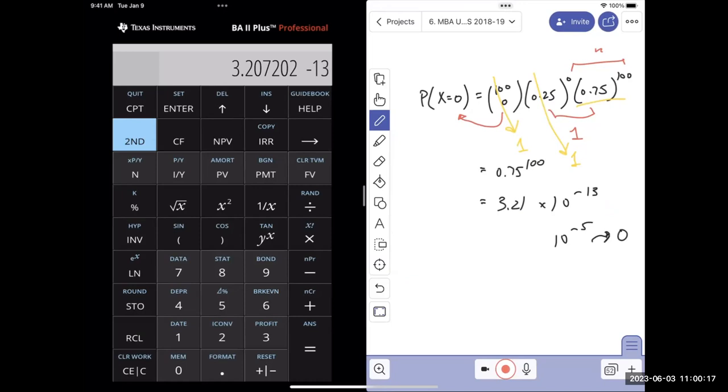It would be 0.0000. We're going to stick with 4 zeros. So in the probability material, always keep 4 decimals.